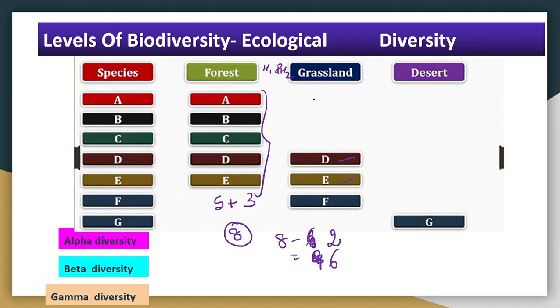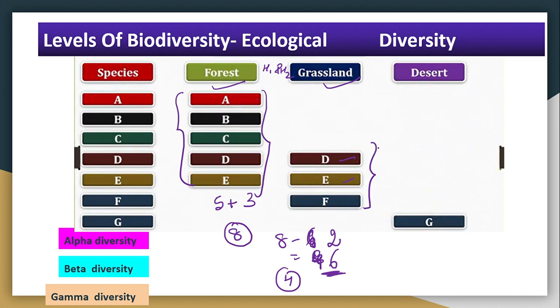But when we found beta diversity, what was the answer for H1 and H2? It was 4. It was not 6. So, did you get an idea? I cannot add up H1 and H2 and then separate common. I have to subtract common from each habitat because I don't know which one is unique and which one is common.